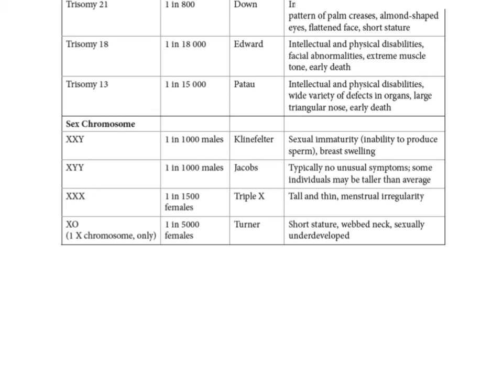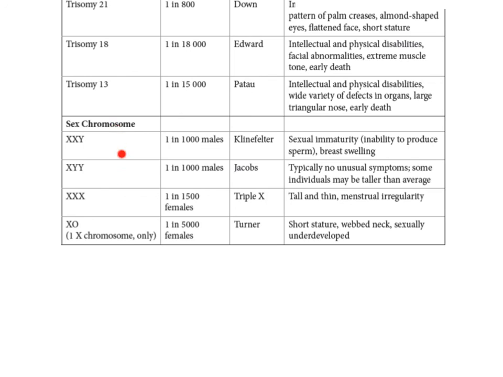I want to talk about triple X syndrome. We see this less frequently, where you would have 3 X chromosomes. As you would expect, because it's a disorder relating to the sex of the individual, you might see some conditions associated with that, like an irregular menstrual cycle.